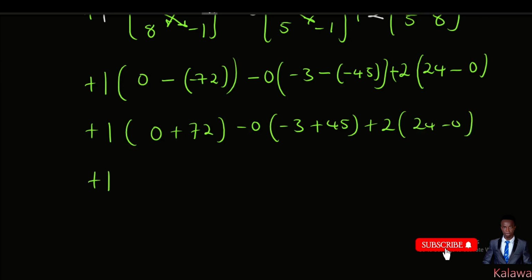It's going to be now 72. 0 plus 72, 72. Minus 0 into minus 3, 45. This is 42. Plus 2, this is 24.